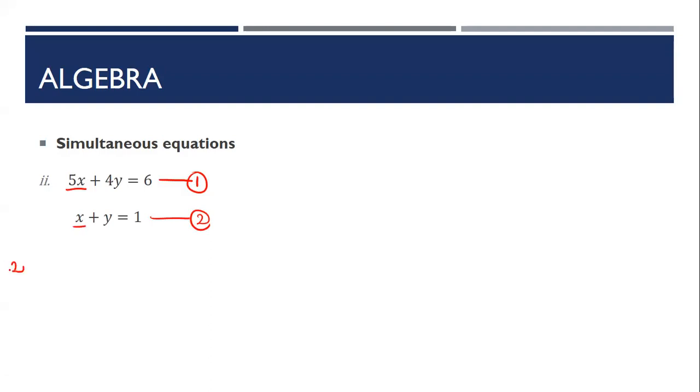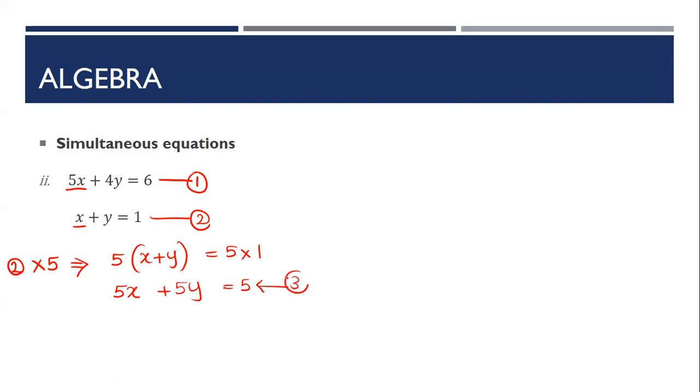So we have to multiply our second equation by 5. So 5 into x plus y and 5 into 1. So we are getting our third equation, 5x plus 5y is 5.